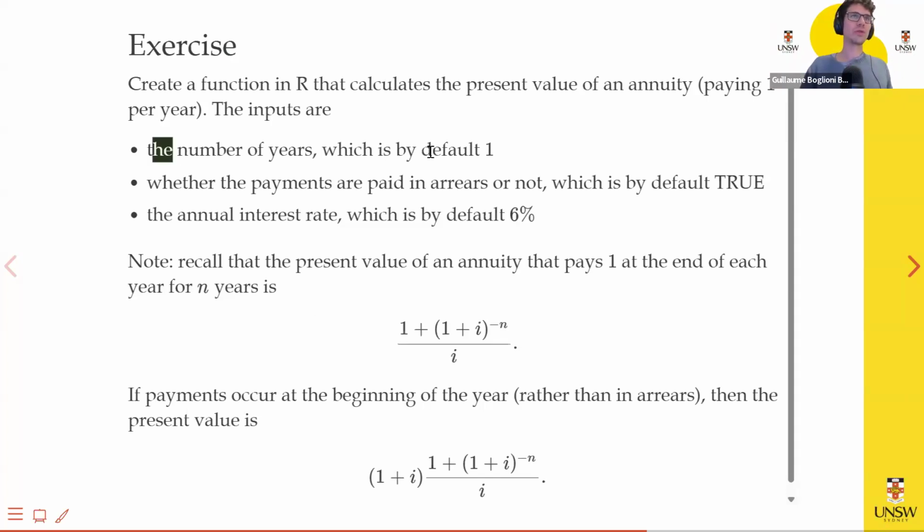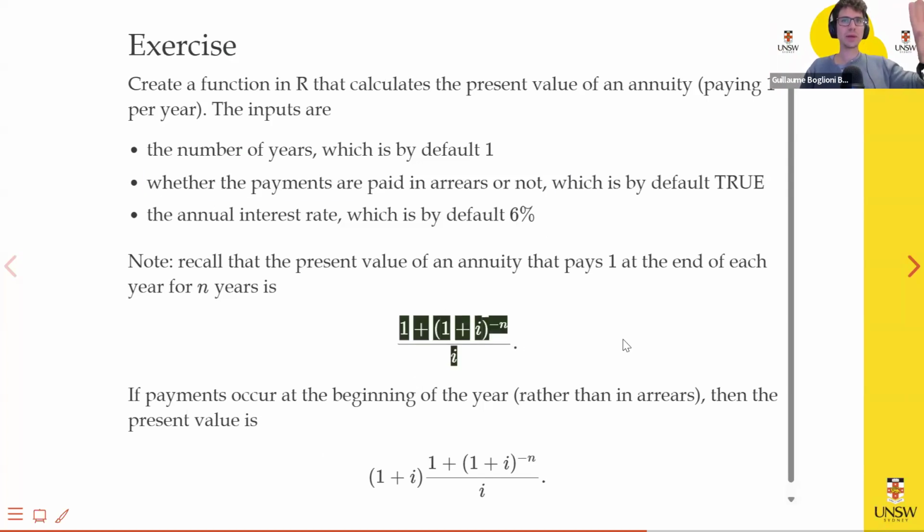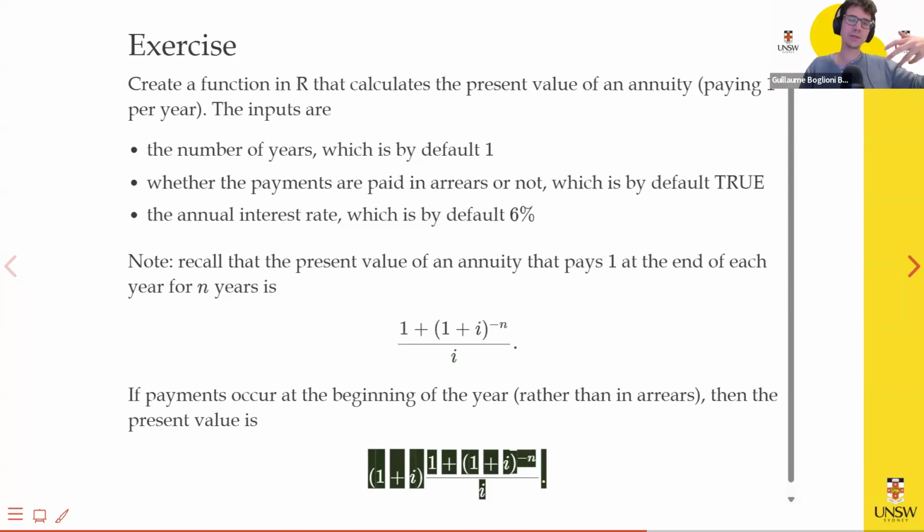Again, there should be an argument for the number of years, an argument that only has two values, true or false, for whether or not the payments are in arrears. If so, that's what is displayed. If not, this is what is calculated and then displayed by the function. Let's see if you can figure this one out.